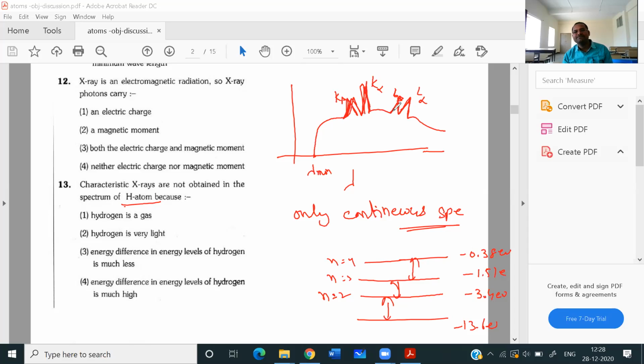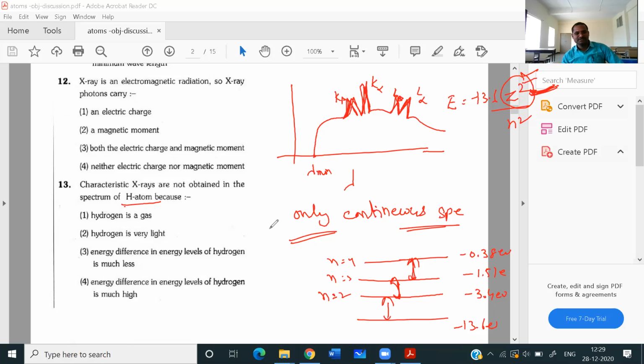These peak lines will not appear in hydrogen spectrum. The reason is the energy level difference here is very less. Whereas if you take a higher atomic number, we know energy is equal to minus 13.6 Z square by n square, so we need to multiply by Z square. It means the energy level difference will increase in terms of the square of its atomic number.